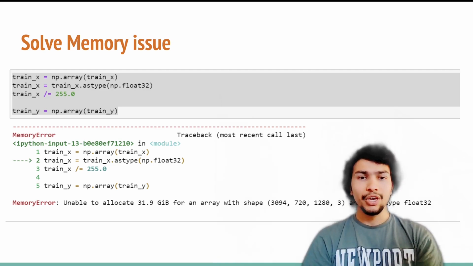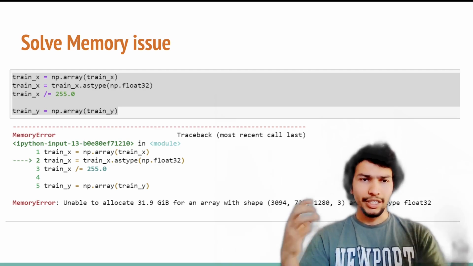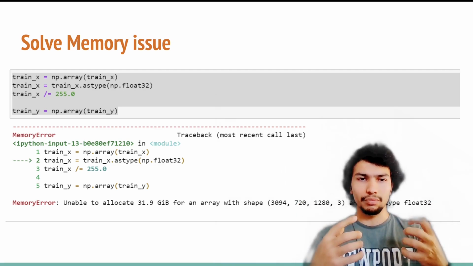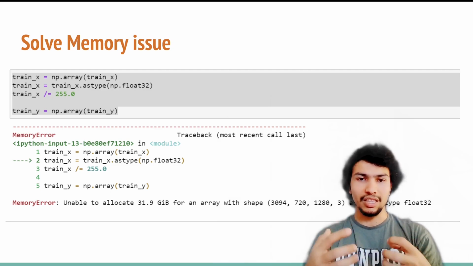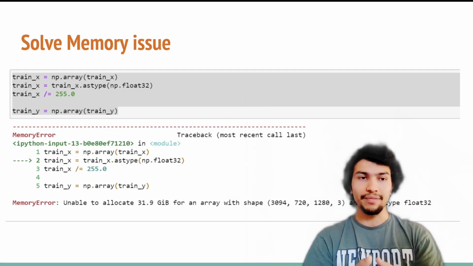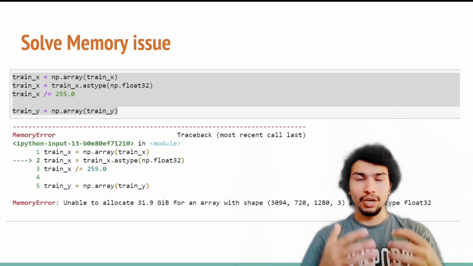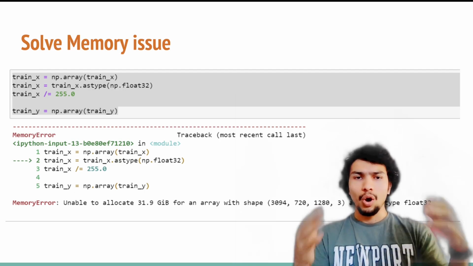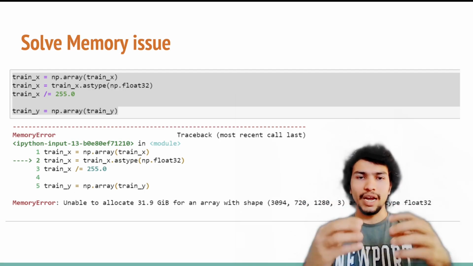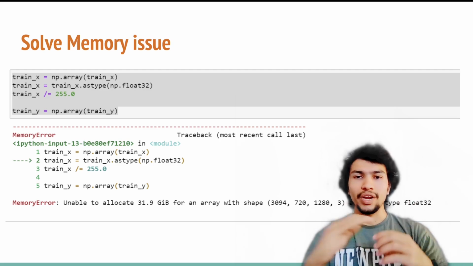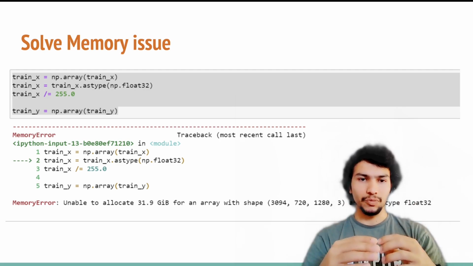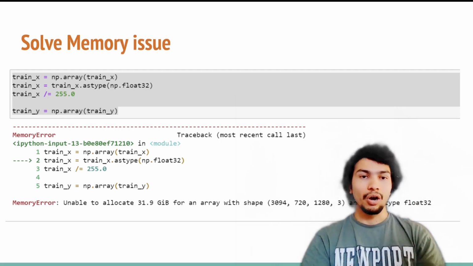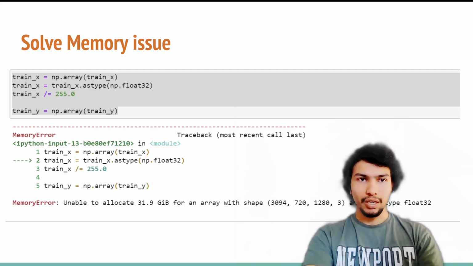That means your RAM is not sufficient to store all this information, this much array shape, into memory, and then you get the memory issue. But with the custom data generator function, it will only read the images of that batch and feed them into the model, so that we never get that unable to allocate error.